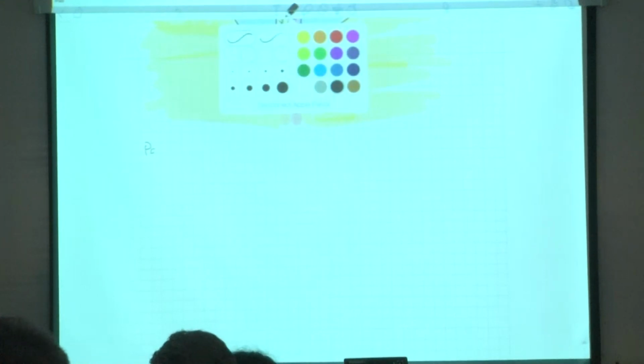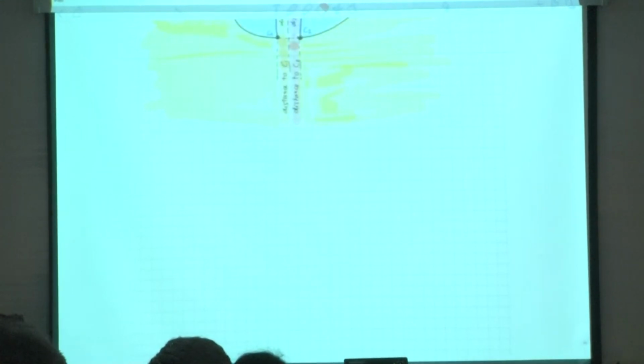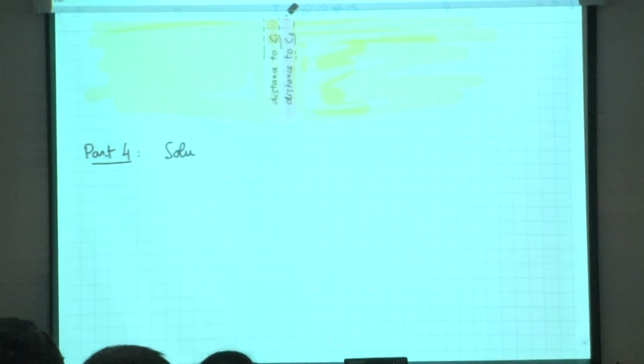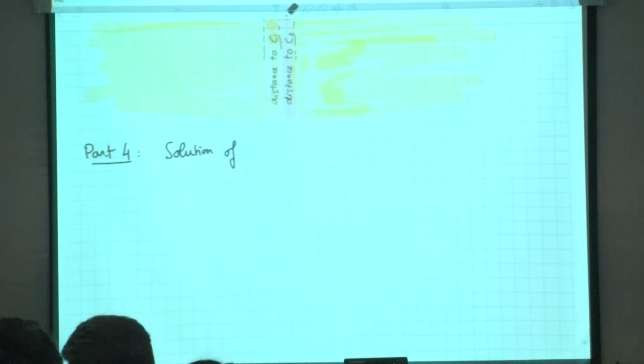So the last part here is going to be on the solution of our phi equation.